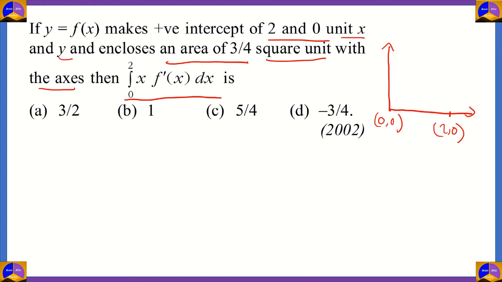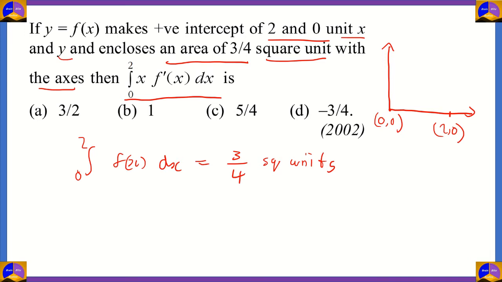And in the question, it encloses an area of 3 by 4 square units with the axes. So this statement is referring to the fact that integral 0 to 2 f of x dx is given as 3 by 4 square units. So the integration of the function f of x from 0 to 2 gives you 3 by 4 square units. You need to find out the value of integral 0 to 2 x times f dash x dx.